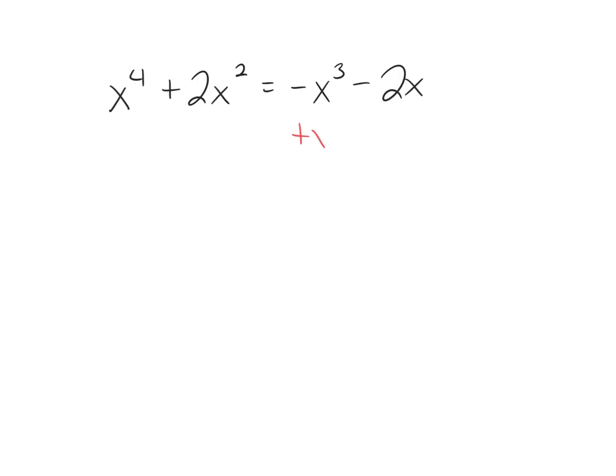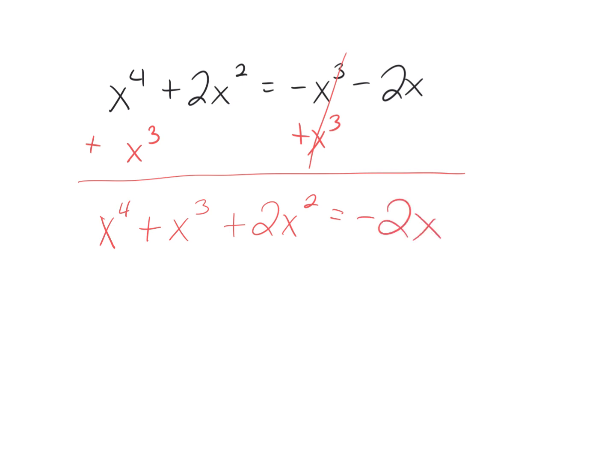I'm going to add x cubed to both sides. When you're doing this, I highly recommend you keep your highest degree positive. Does x cubed have a like term on the left side? No, so you just add it. Where should I write it? Between 4 and 2, in standard form.